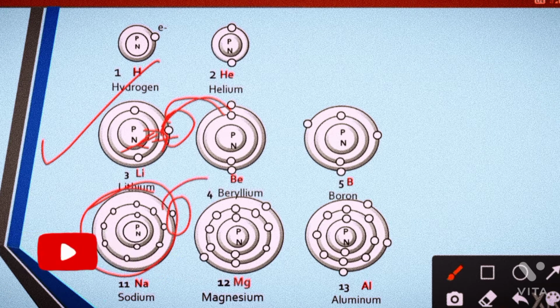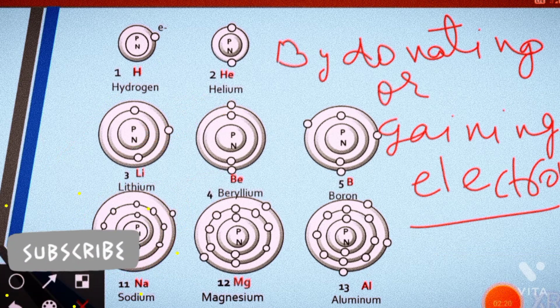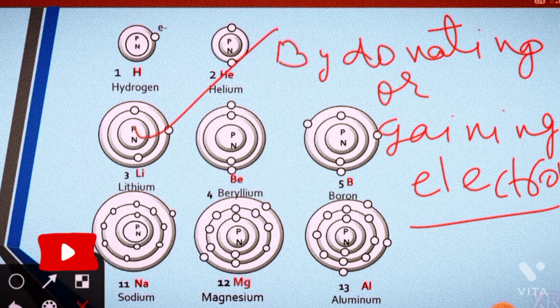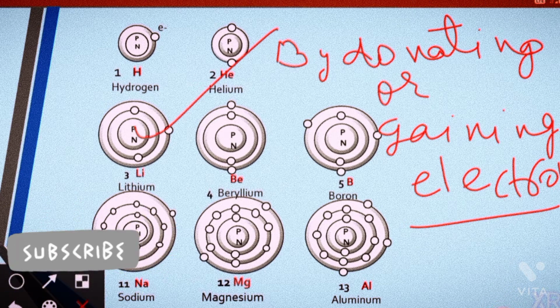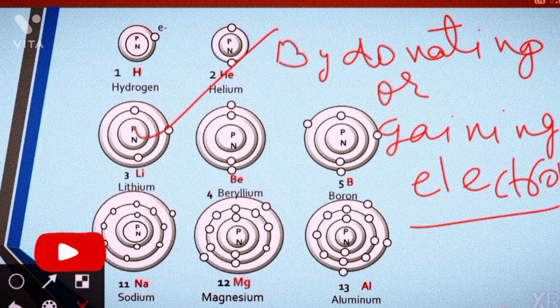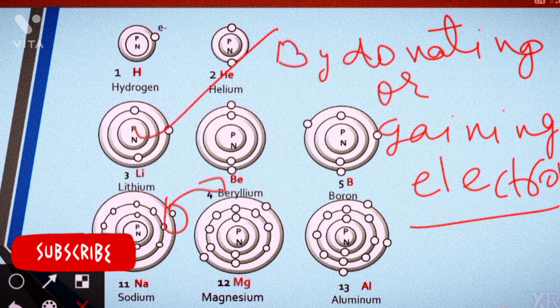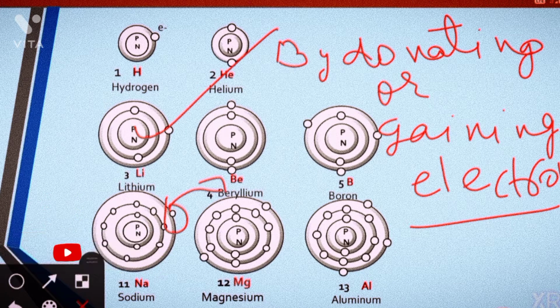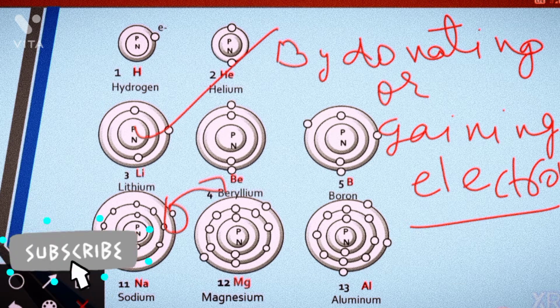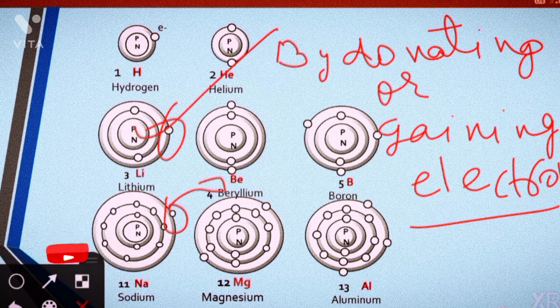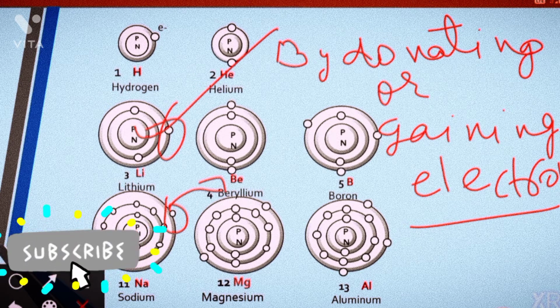By donating or gaining the electron, ions are formed. And for donating and gaining, some energy is required. Without energy the atom will not leave this electron. To make an electron free from a particular atom, either sodium or lithium, we need some energy. This energy is called ionization energy.